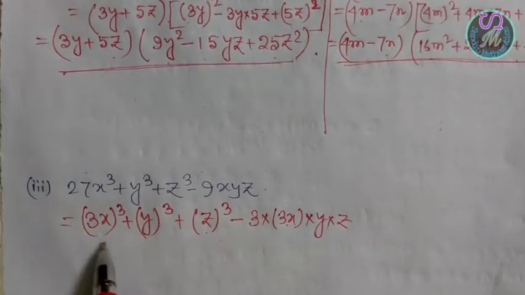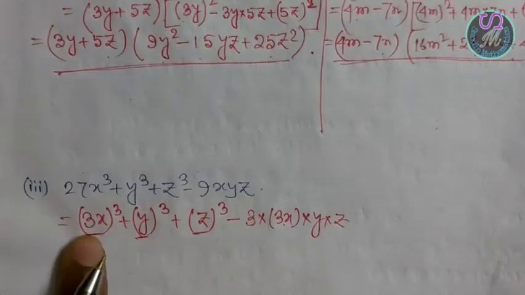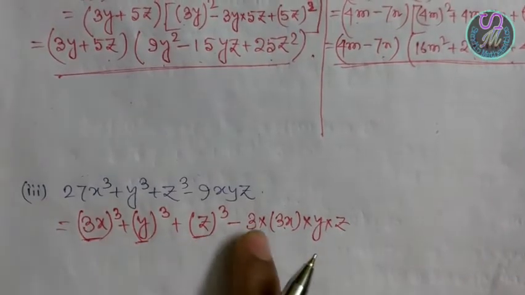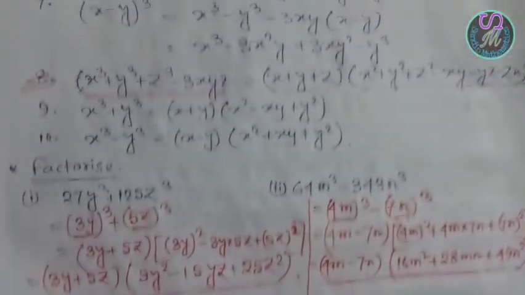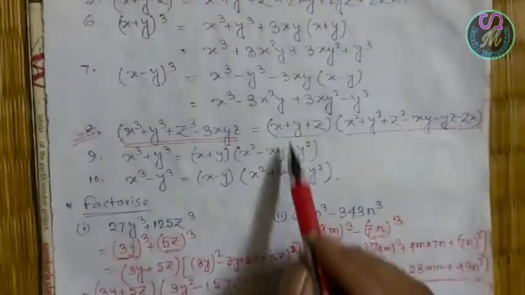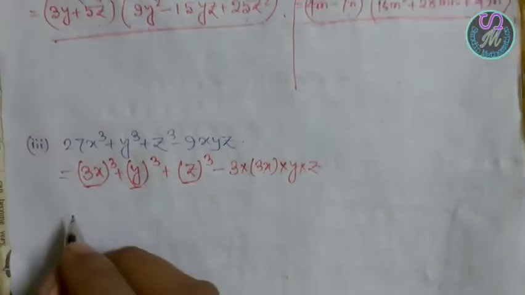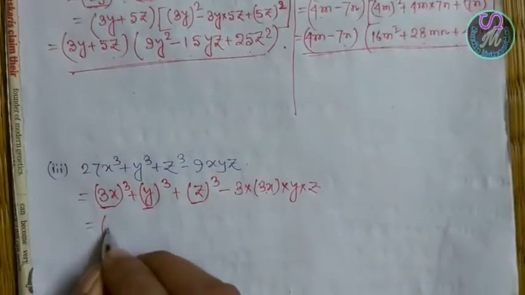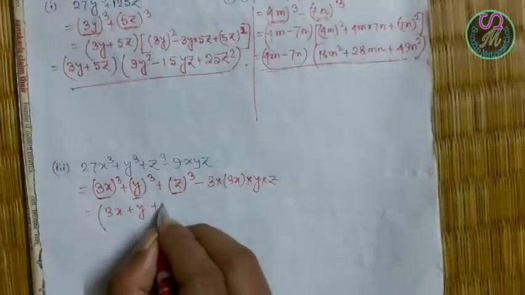Now we consider this one is x, this one is y, this one is z. So x cube plus y cube plus z cube minus 3xyz. So the formula, or the identity, is x plus y plus z. So x means 3x plus y plus z.